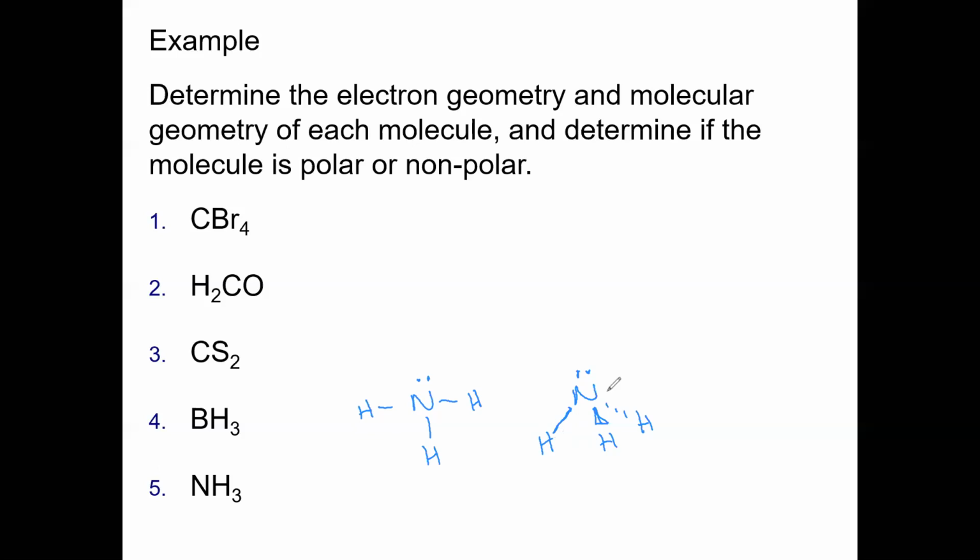Each one of these nitrogen to hydrogen bonds will have a more electronegative end toward the nitrogen. And because of this lone pair here, all of these polar bonds do not cancel each other out. So overall, this molecule is polar.